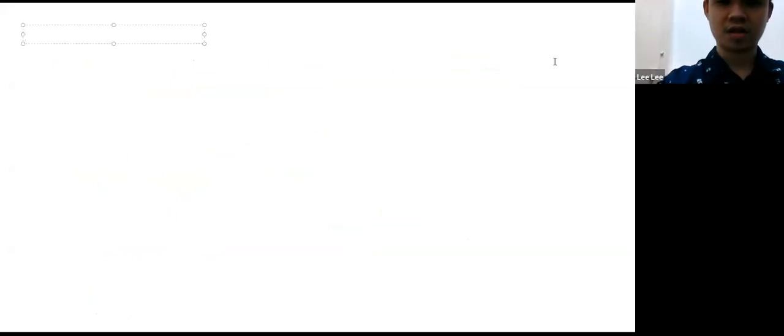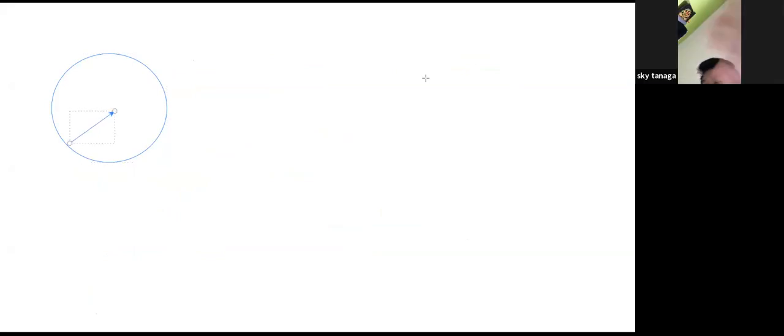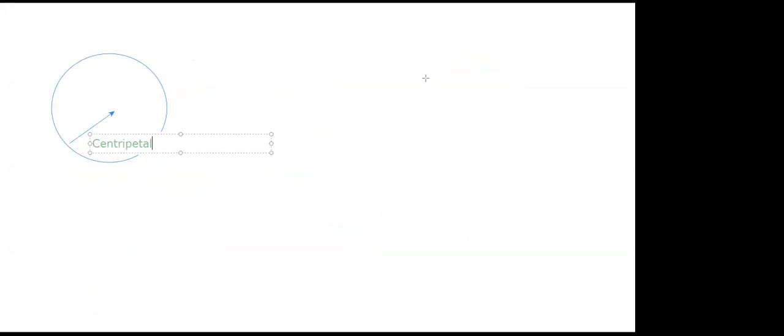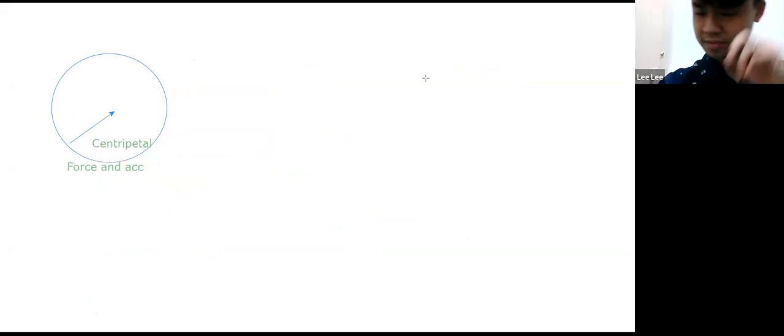Next, for circular motion, where does the centripetal force go? The center. Centripetal force, both force and acceleration always head to the center.